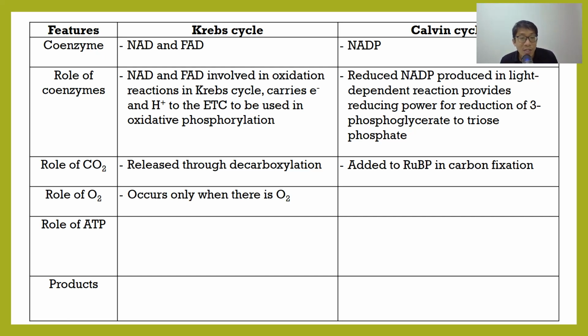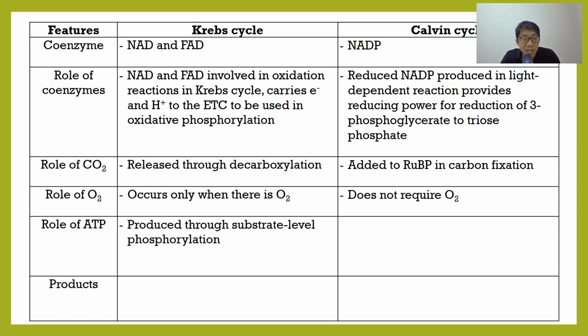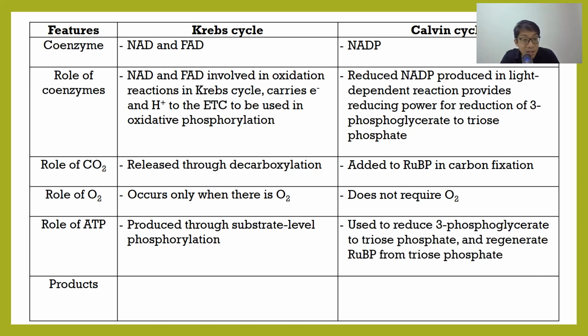So even though the Krebs cycle does not require oxygen directly, it is only going to occur in the presence of oxygen because of the regeneration of NAD and FAD in oxidative phosphorylation in the presence of oxygen. But for the Calvin cycle, there's nothing to do with oxygen at all. For ATP, that's produced in the Krebs cycle, but it is used in the Calvin cycle.